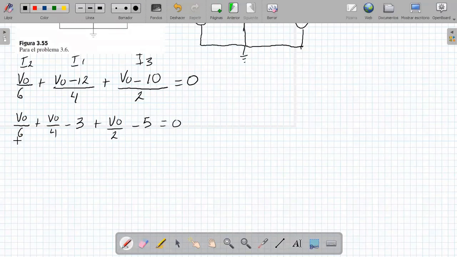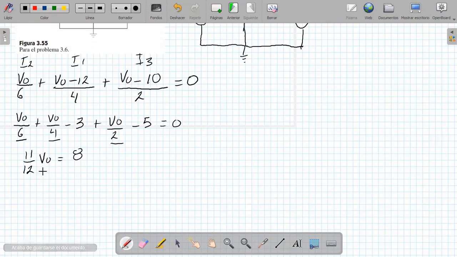Now, if I add 1/6 plus 1/4 plus 1/2, it will give me 11 over 12 V sub 0 equal to 3 plus 5, which is 8.